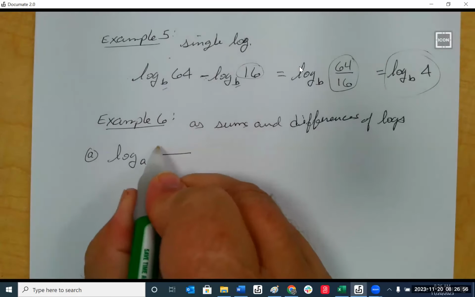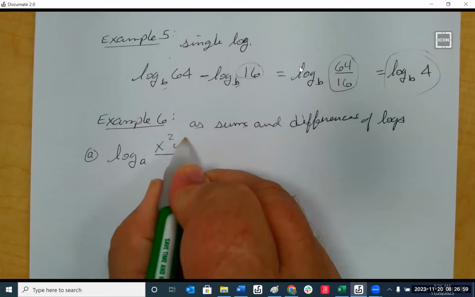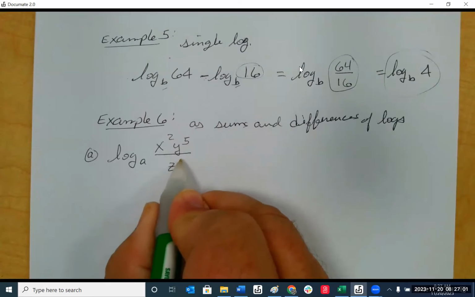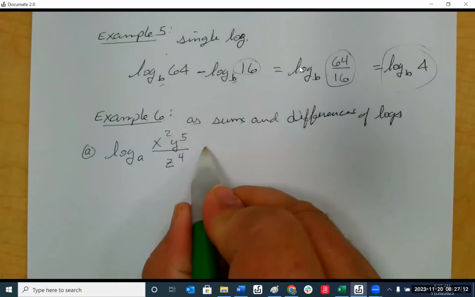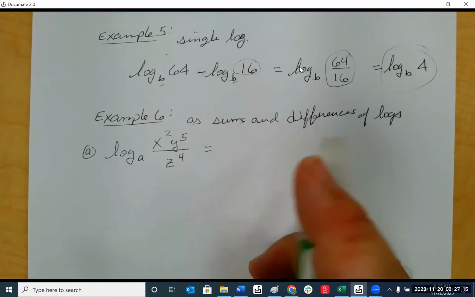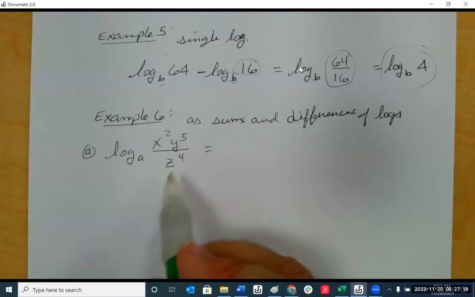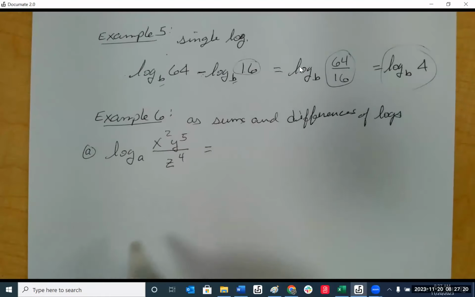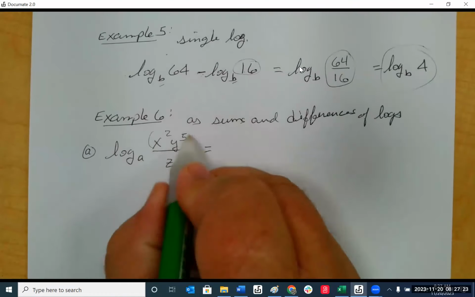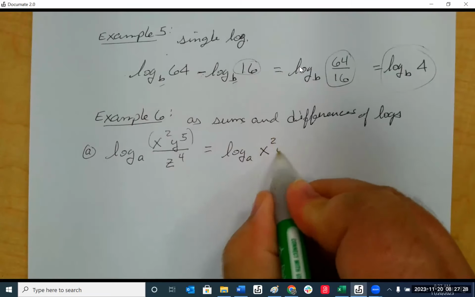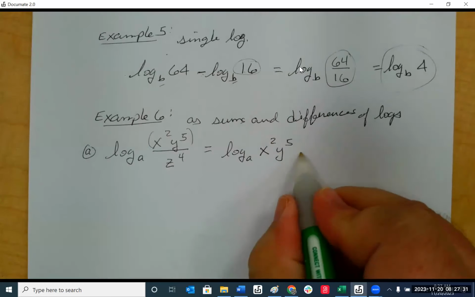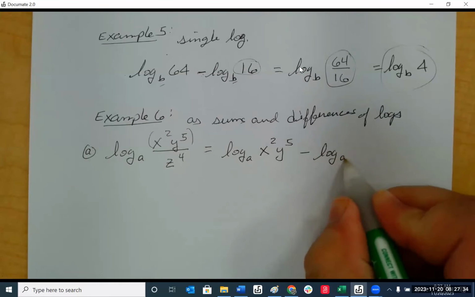Log base a of x squared y to the 5th over z to the 4th. The question usually asked is, where do you start off? Well, if you look at it, the first thing you see is a fraction, so we use the quotient rule first. So take the top, leave it alone, minus the log base a of the bottom.